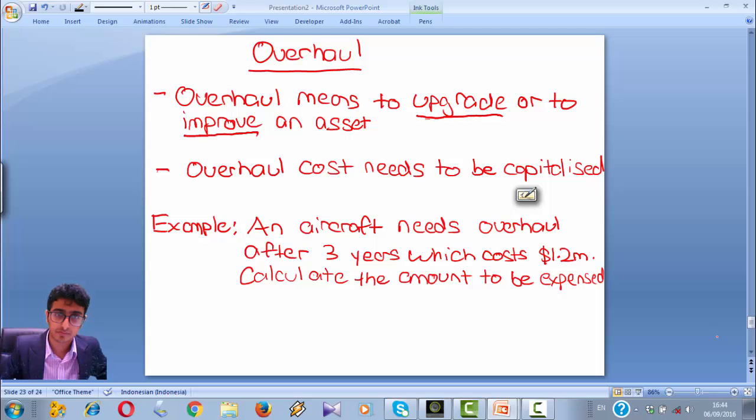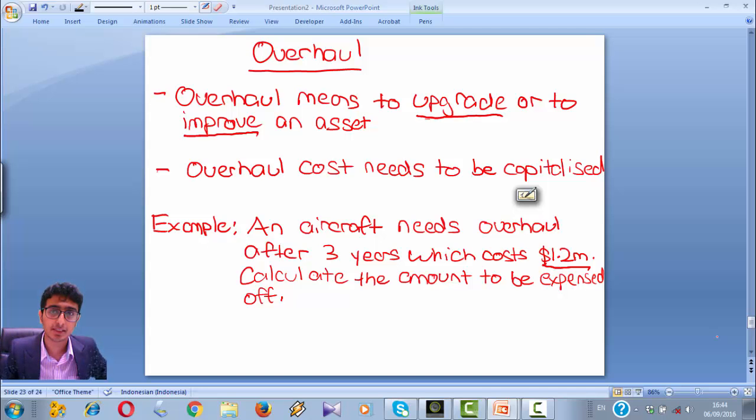An aircraft needs overhaul after 3 years, which costs $1.2 million. This probably means either the engine or the machine of an aircraft would need an upgrade after 3 years. We can already foresee the expense. That is why we must already capitalize it.